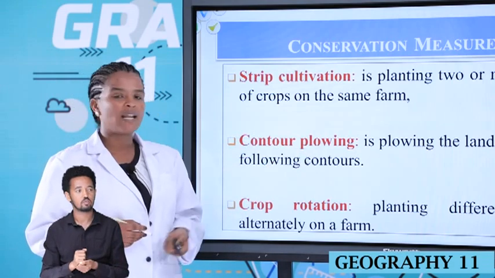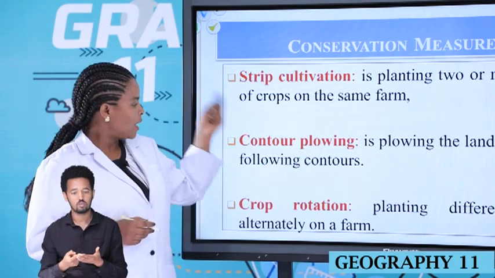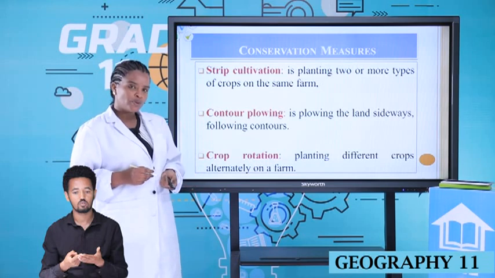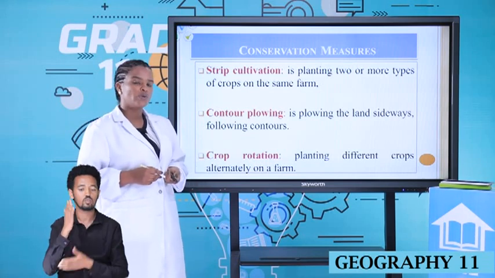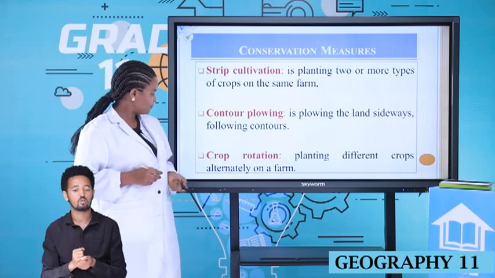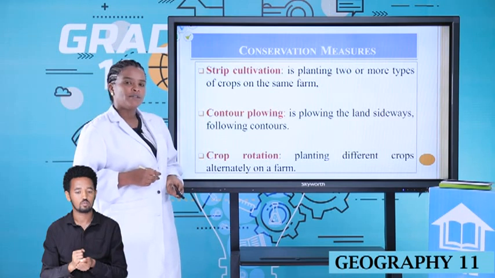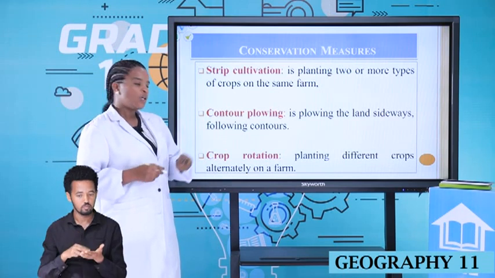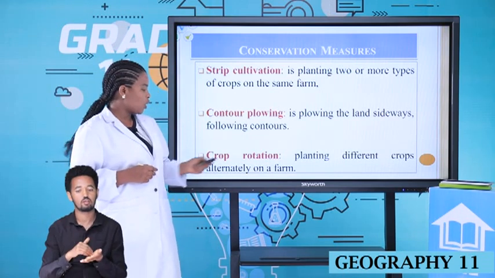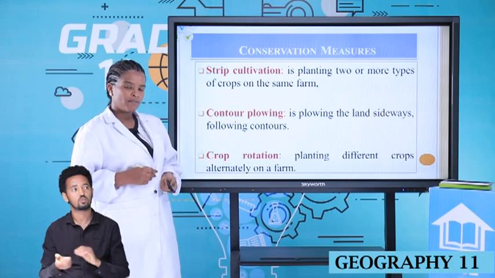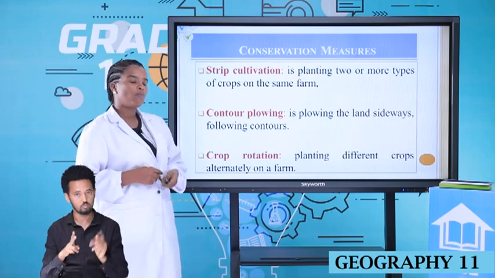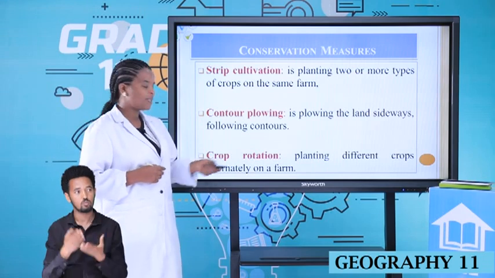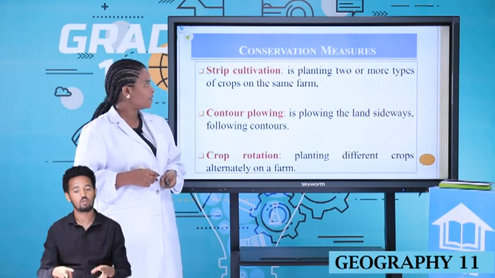Contour plowing is plowing the land sideways, following contours. This is also important to reduce soil erosion agents. Crop rotation means planting different crops alternately on a farm. This also has many advantages, for example, it maintains soil fertility.